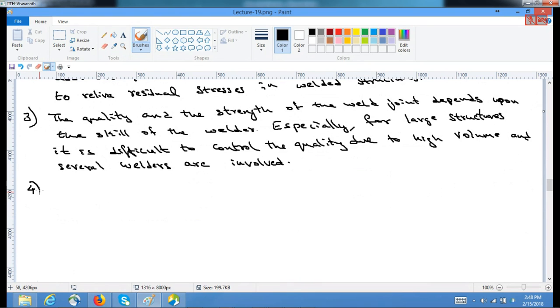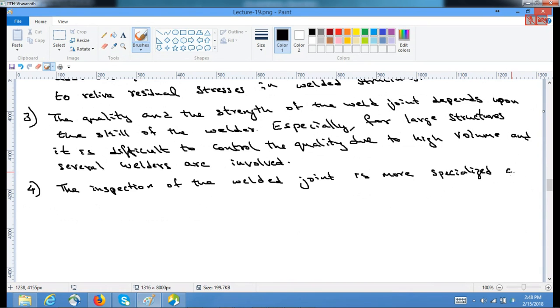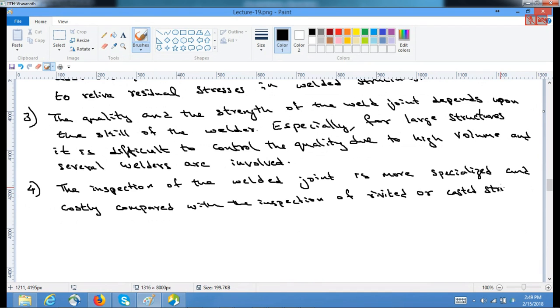Further, another important disadvantage is the inspection of the welded joint is more specialized and costly compared with the inspection of riveted or casted structures.